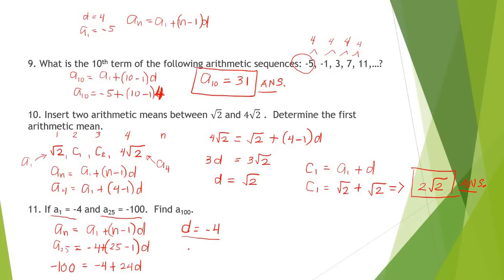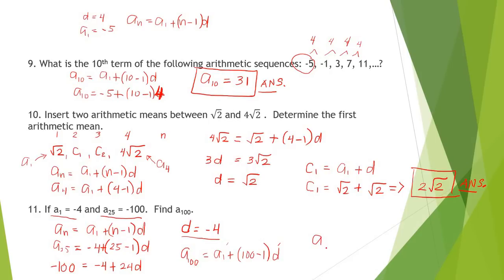So our 100th term is equal to a1 plus 100 minus 1 times d. Of course, we already know our a1 and our d. Therefore, we can readily determine our 100th term.